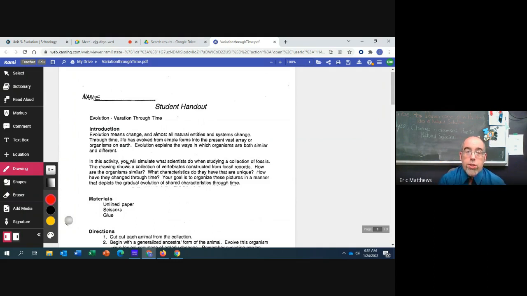The drawing shows a collection of vertebrates constructed from fossil records. How are they similar? What characteristics are unique? How have they changed over time? Your goal is to organize these pictures in a manner that depicts a gradual evolution of shared characteristics. That's the key. Small changes, little things that turn into the next, not big jumps.